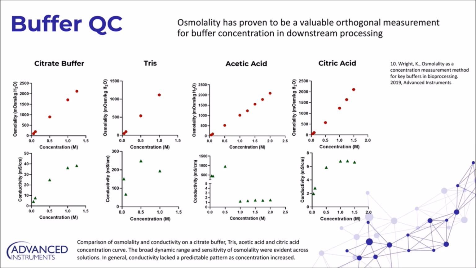Due to some of the properties of conductivity, this is not always the case. I would just draw your attention to acetic acid, where you have a weakly dissociating solution. So obviously the ability to conduct current through something like that is a little bit tougher. So in these cases, osmolality has really clear value as being a unique, but also a really complementary measurement to something like conductivity and pH.